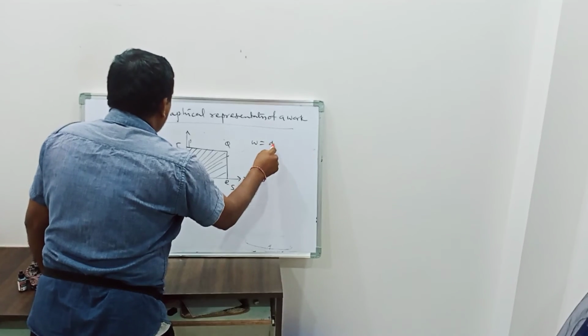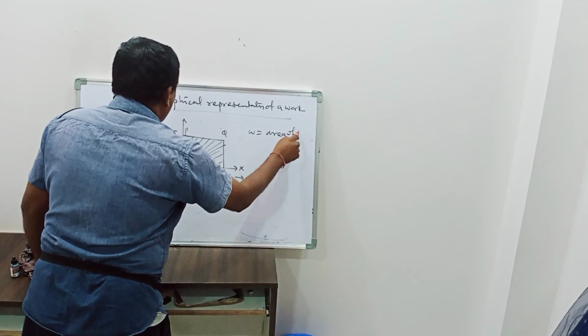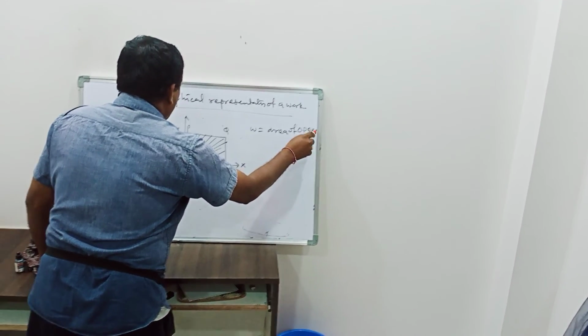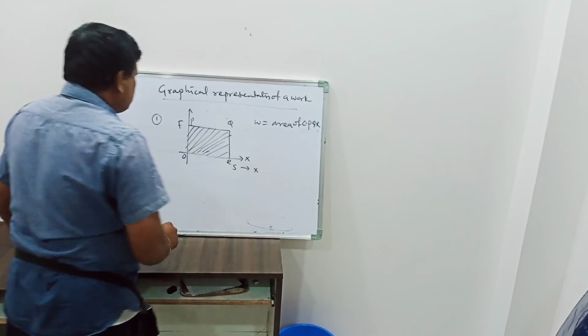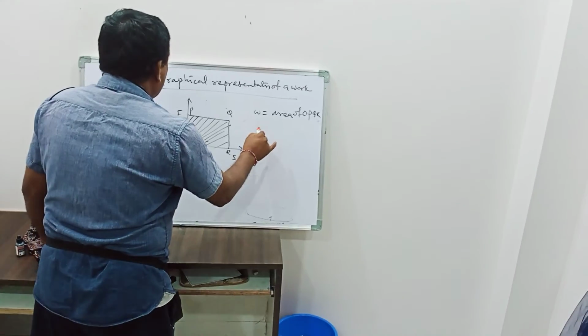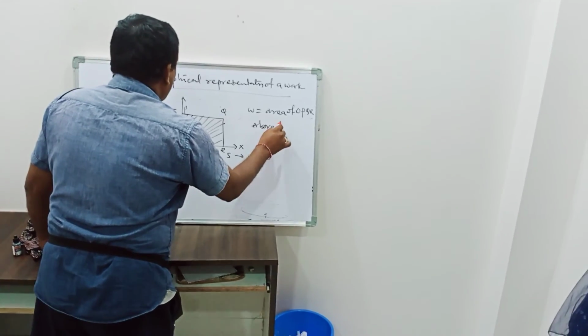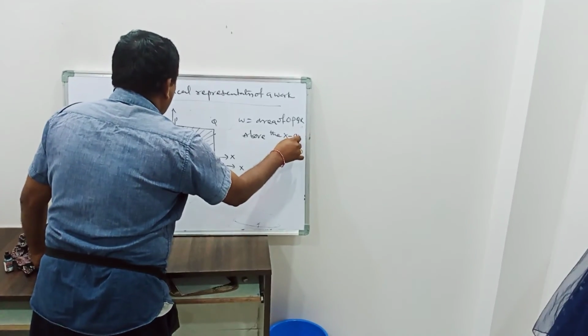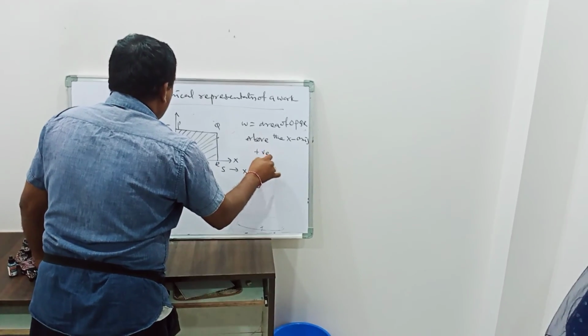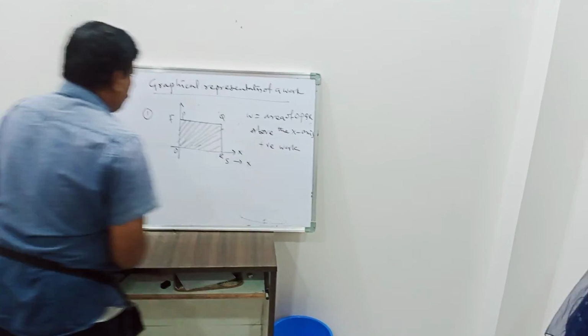So W is equal to the area of OPQR. Above the x-axis, it gives positive work.